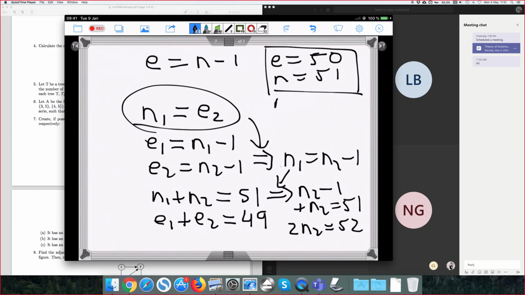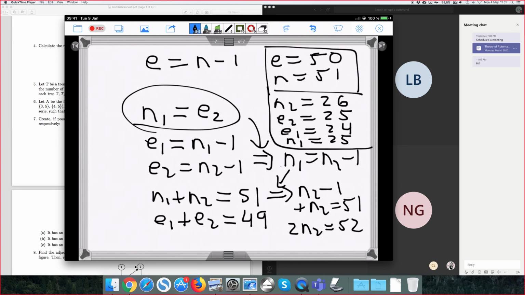So N2 is 26. This means that E2 is 25. This means that E1 is 24 and that N1 is then equal to E2, which is 25. So these are the solutions.